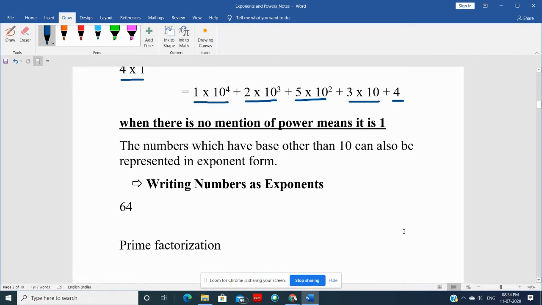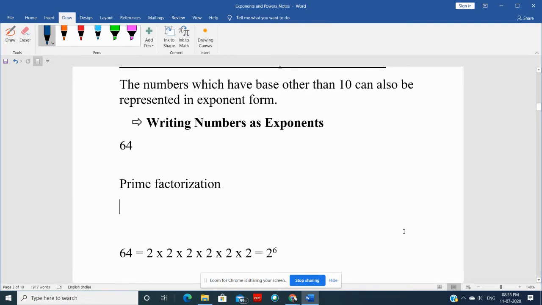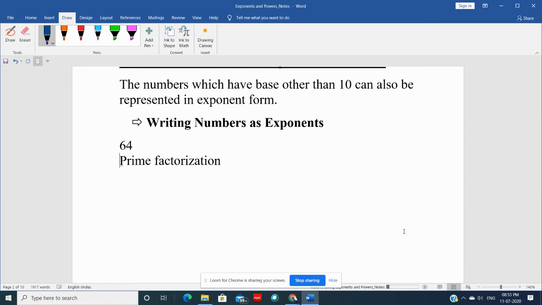Now there are no zeros here. So how do we write 64 in an exponential form? Any number can be written in exponents, small or bigger, whatever. So let's find that out.